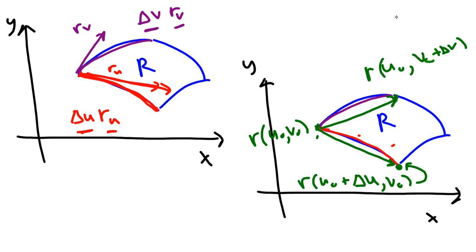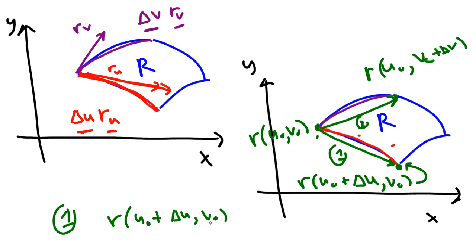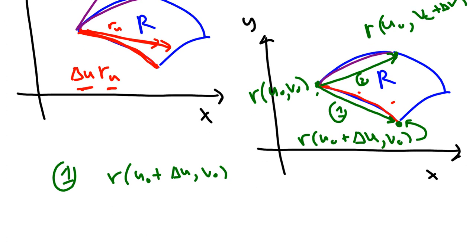Okay, so here's where the fun part is. We can find those two secant vectors. So let's give them names. I'm going to call this secant vector number 1 and this secant vector number 2. Secant vector number 1 is just r of u0 plus delta u comma v0, and we're going to subtract off the starting vector, which is r of u0 comma v0.